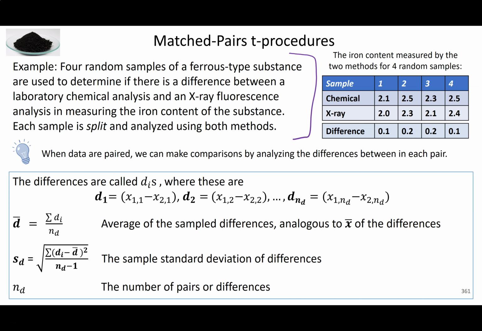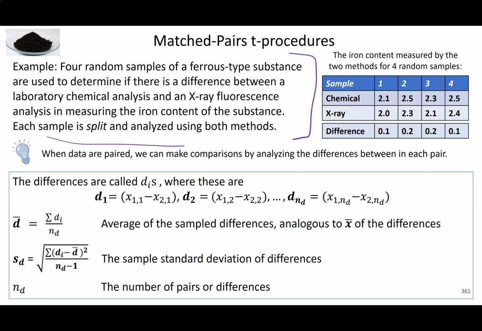If you have 4 samples and split them in half, each sample, split in 2, should have the same iron content in both. Ideally, the 2 methods would show the same amount, but if they don't, that indicates that one is detecting more iron than the other.